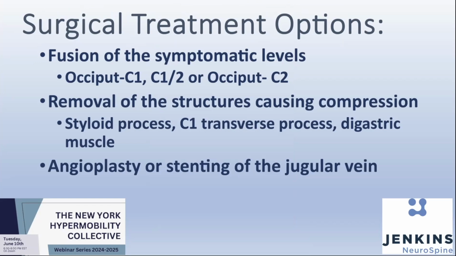Another option is to go in and remove whatever structures, like the styloid process, the C1 transverse process, or the digastric muscle, which we'll get to in a sec, if those are contributing to the narrowing. And the third option is to stent or balloon the jugular vein open to give it a little bit more flow to prevent that vascular insufficiency that leads to the increased brain pressure that's intermittent.